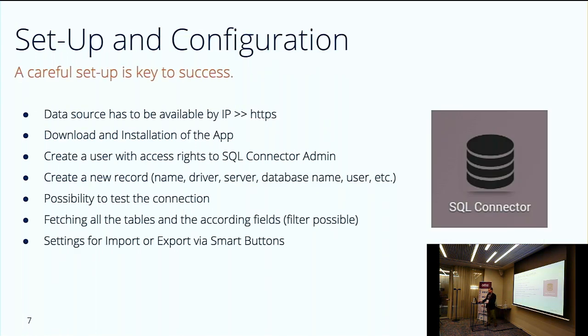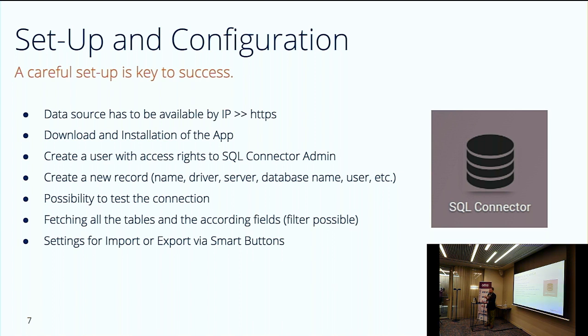Now, setup and configuration. How do we set up and configure the connector? First of all, you need to have a data source which has to be available by an IP address or an HTTPS domain.